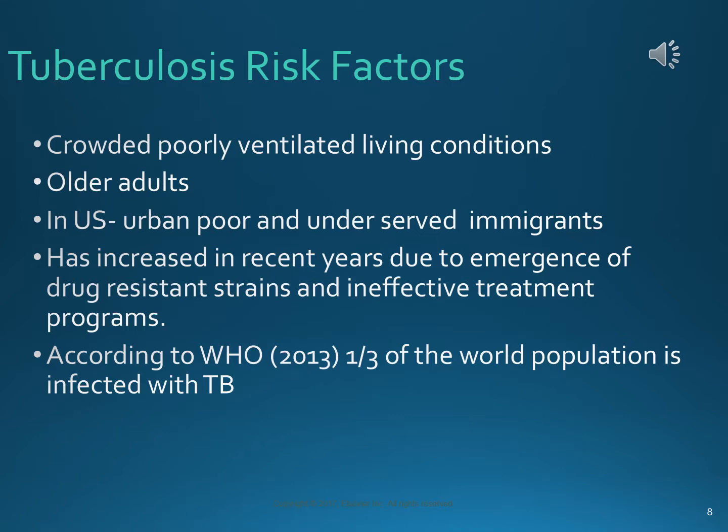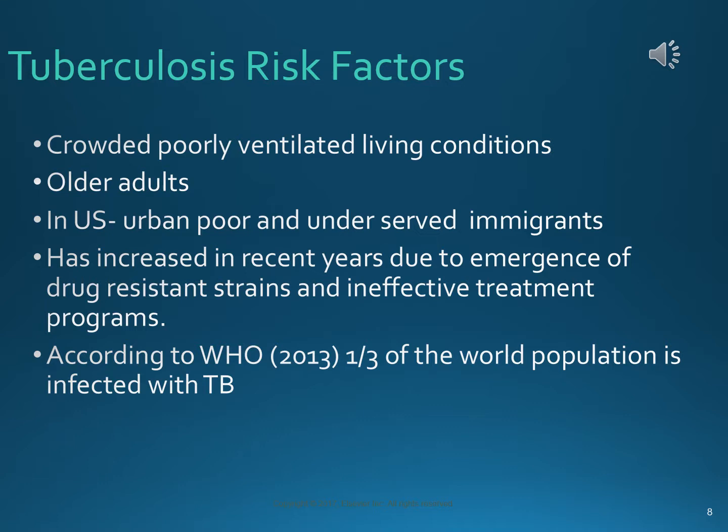Risk factors for TB are when people are living in crowded, poorly ventilated living conditions. Older adults are at higher risk. In the US, urban poor and underserved immigrants are at higher risk.